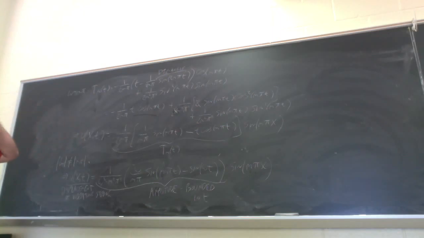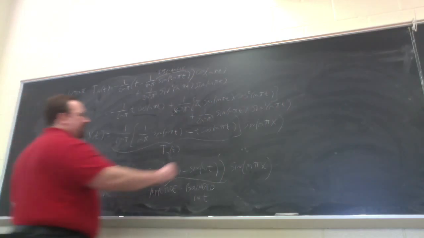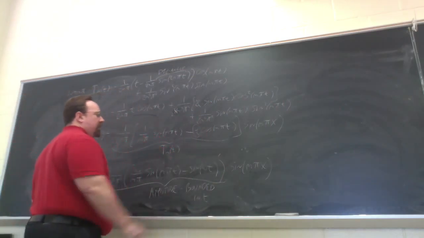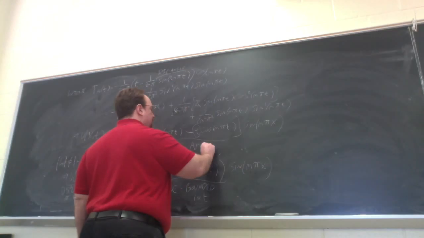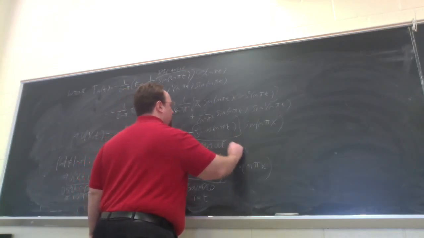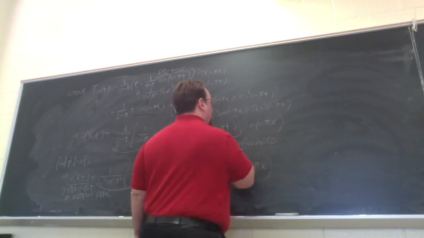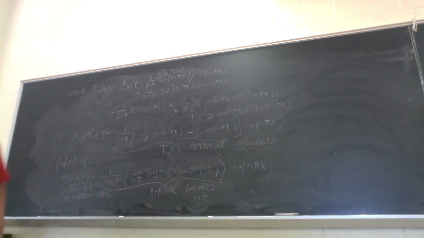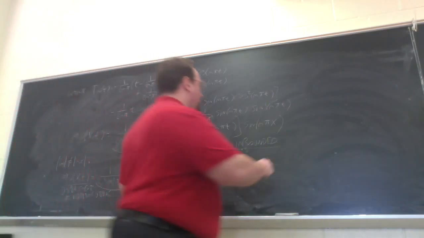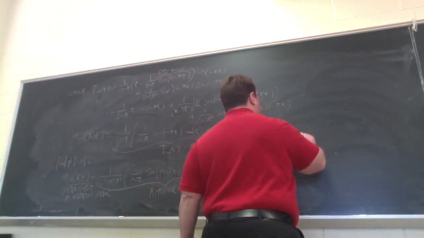Here's where we are equal. What happens to the amplitude in this case as a function of t? It's unbounded because of this factor of t right here. Okay, so this is an effect that's called resonance.